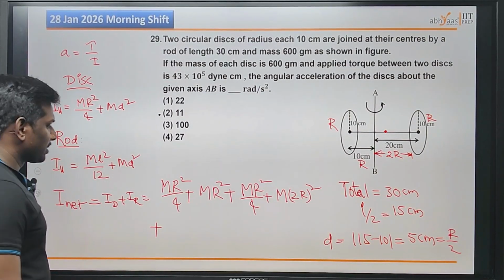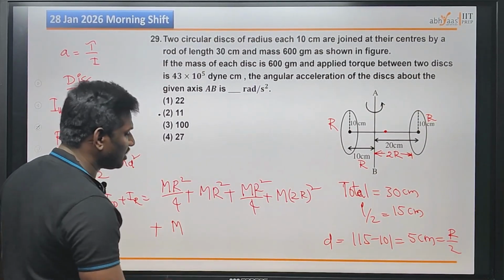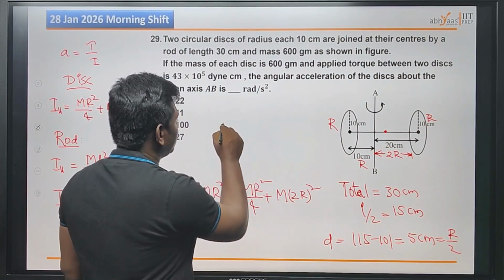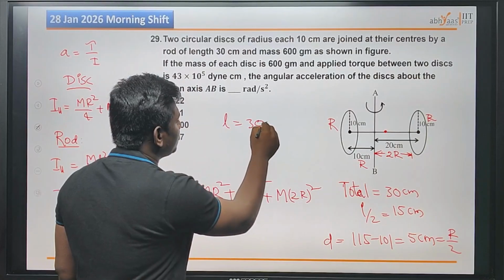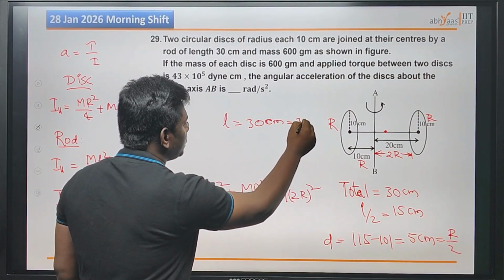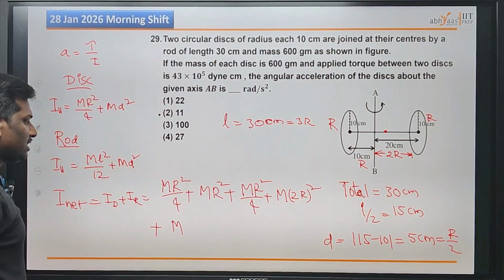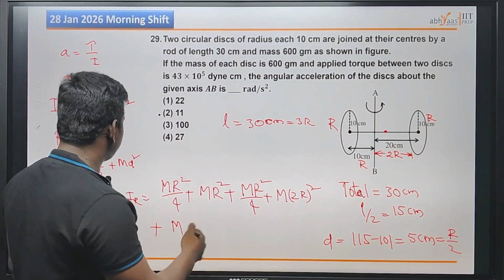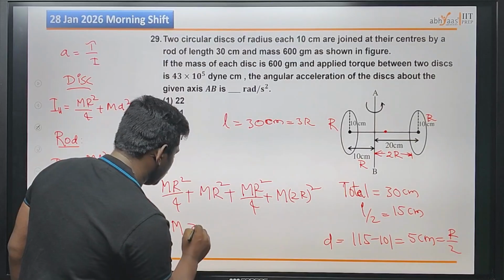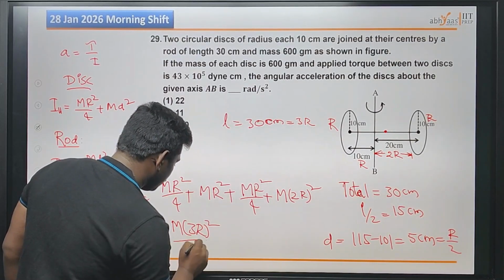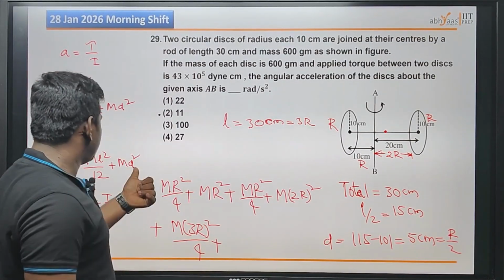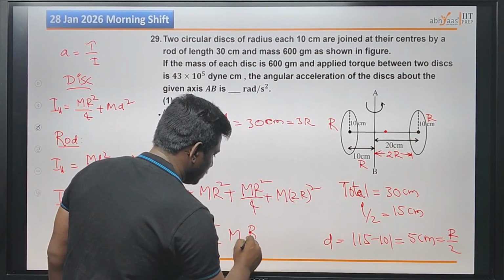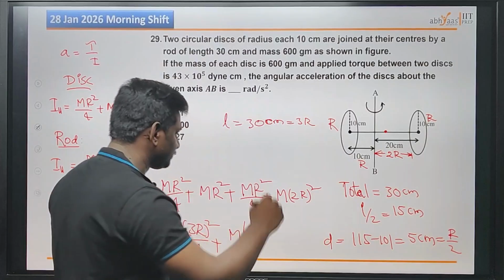What is rod? M L square. What is L? L is nothing but 30, length equal to 30 centimeters. You can write 3r. Why I am writing in terms of r? You can simply cancel out. So 3r whole square by 12 plus md square, that is m r by 2 whole square.